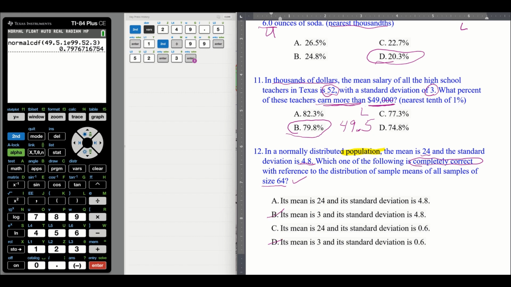Okay. Now we have two things right here. The thing is that those theorems and properties, they do not say the standard deviation would be the same. Logic tells you that a sample is not going to be precisely exactly like the population.